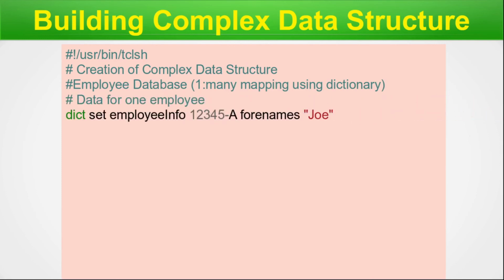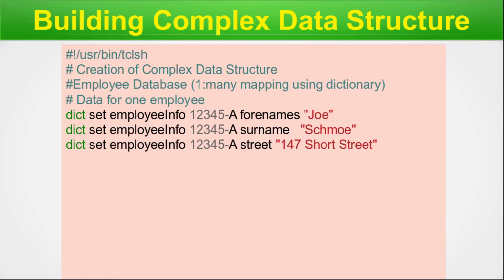Data for one employee. dict set employee, then we give the employee number. dict set employee info, where employee info is the dictionary name, and the key is 12345-A, the first key. Forename is Joe, and then we write the same thing for surname as Moy, and then the street as 147 Short Street.